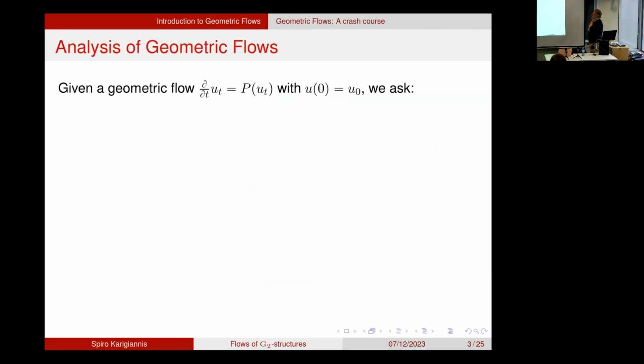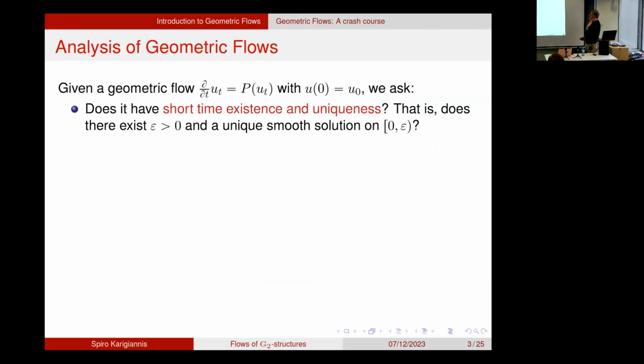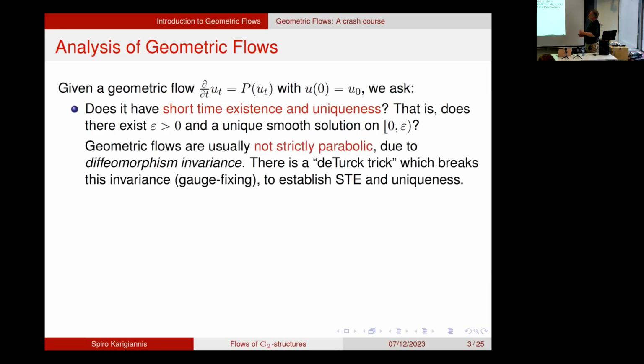So what kind of questions can you ask if you're looking at a geometric flow? One of the most fundamental questions, the first question you can ask is, well, does this even make sense? If I write down this PDE, then do I know that there's a solution, and hopefully a unique solution, at least for some small time, right? Does there exist some epsilon positive and a unique smooth solution on some time interval?